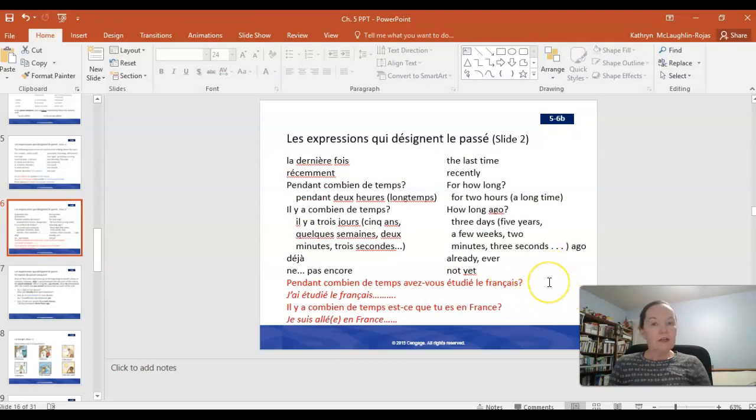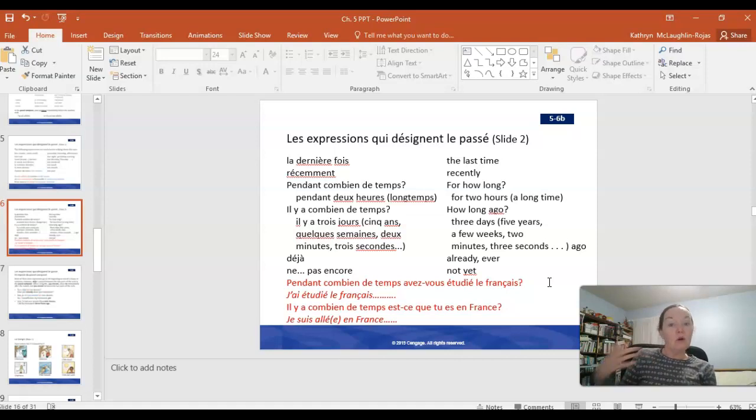Okay, and we'll look at a few other time expressions here that go well with le passé composé. So I could say la dernière fois, the last time, récemment, recently. I can ask questions about what we did in the past and use passé composé to answer them. So, pendant combien de temps?